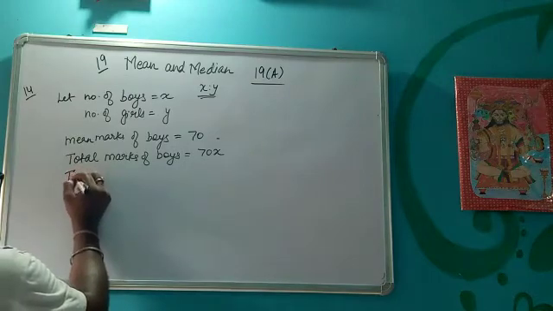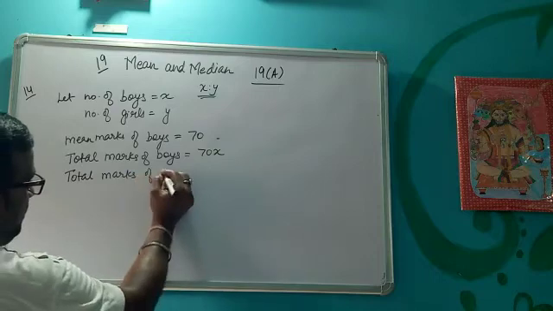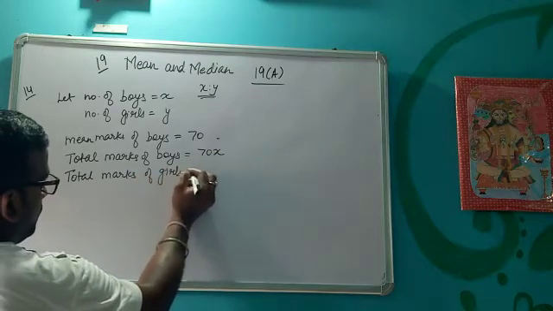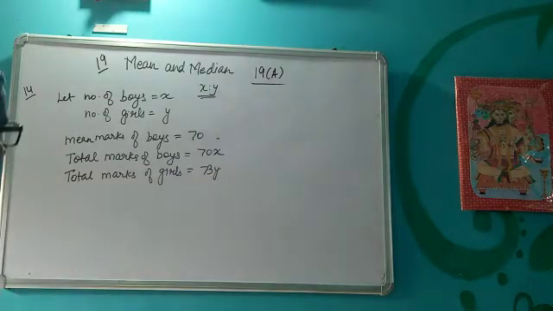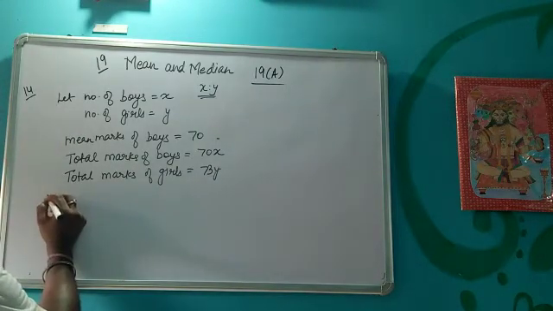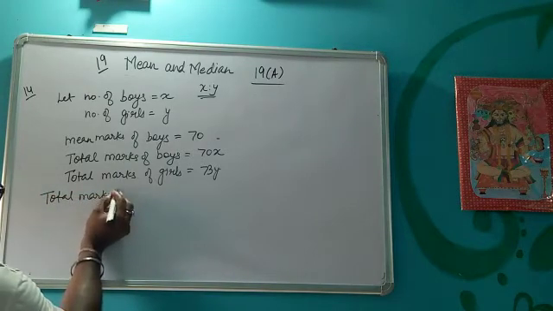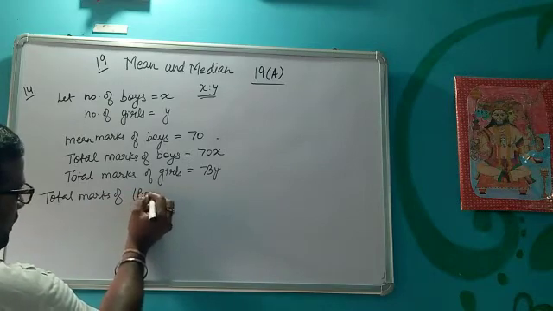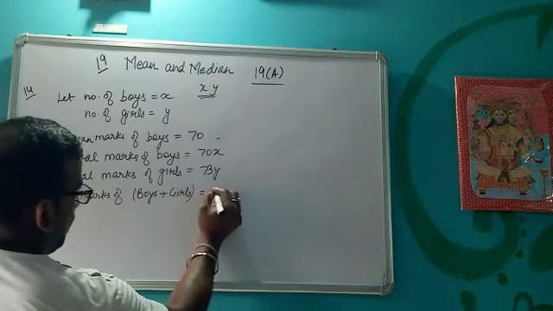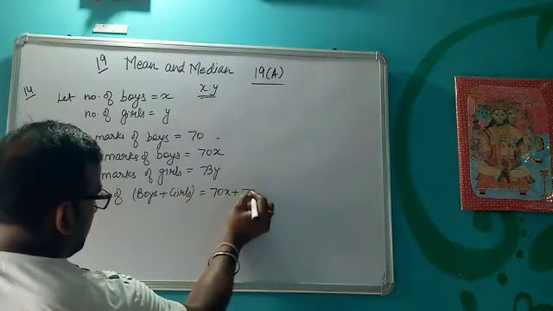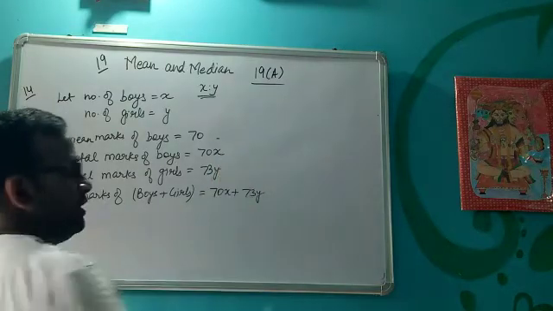Similarly, the mean marks of girls is 73. So the total marks of girls will be 73 into y. Now, what is the total marks of boys plus girls? It will be 70x plus 73y. Okay, so it will be the sum of total marks of boys and girls.